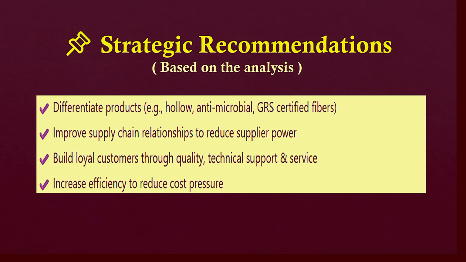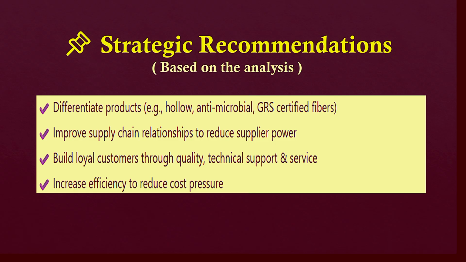Strategic recommendations based on the analysis: differentiate products, for example hollow, antimicrobial, GRS certificate, and other functional fibers. When you enter functional fibers, you can differentiate your product from conventional ones, so you grow and earn much more. Second, improve supply chain relationships to reduce supplier power.